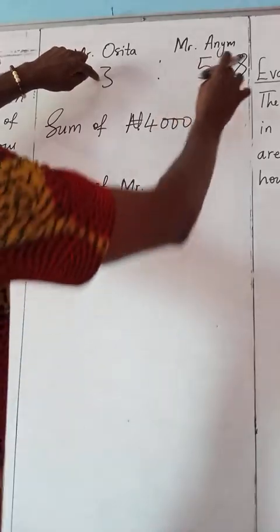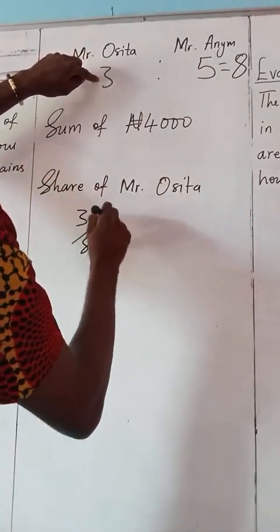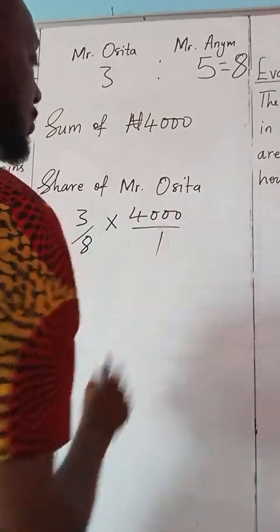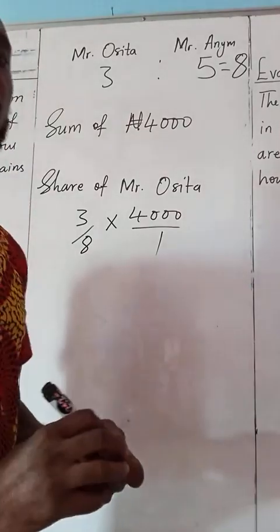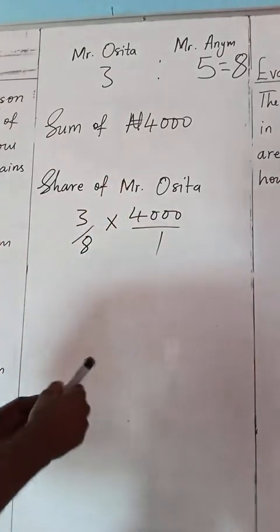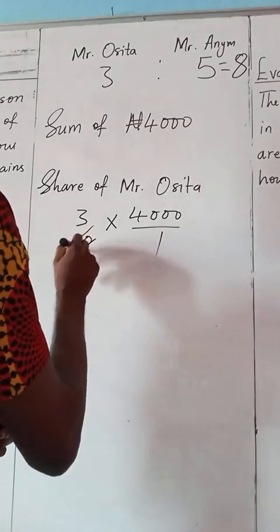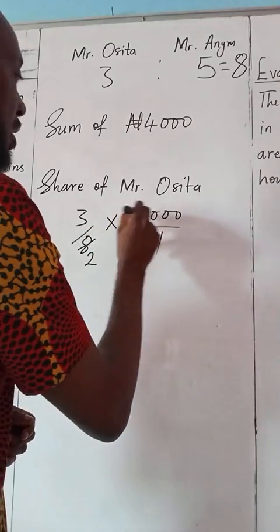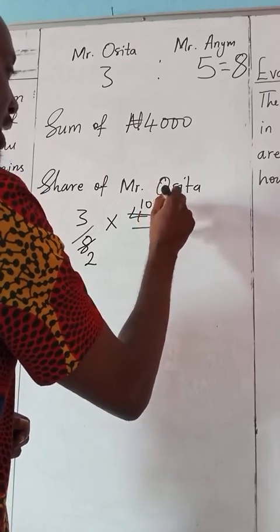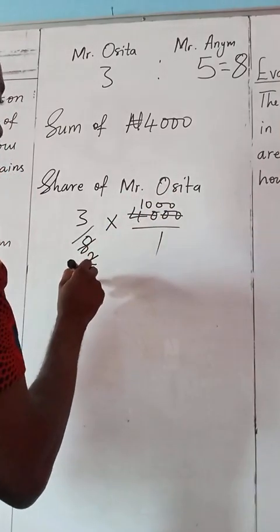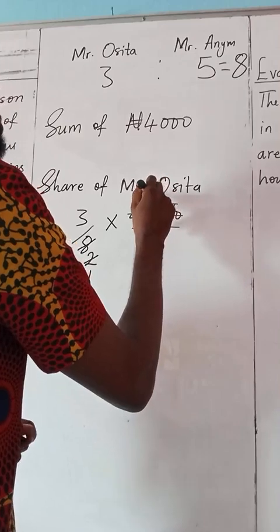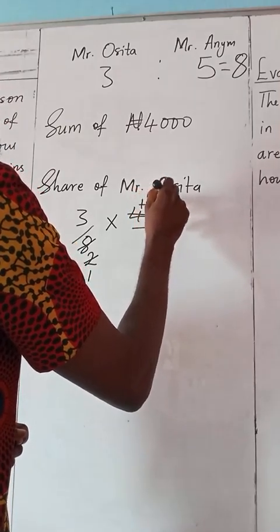So we have 3/8 times the amount to be shared, 4,000 naira over 1. 4 divided by 8 will give you 2, 4,000 divided by 2 will give you 2,000, and 8 divided by 2 gives 4. Simplifying, we get 500.